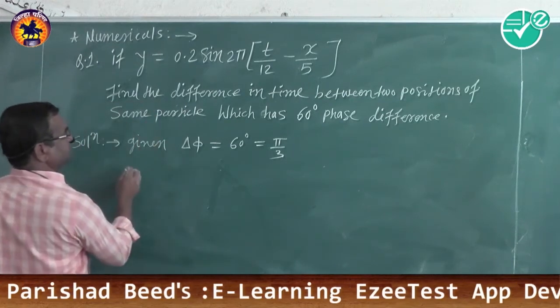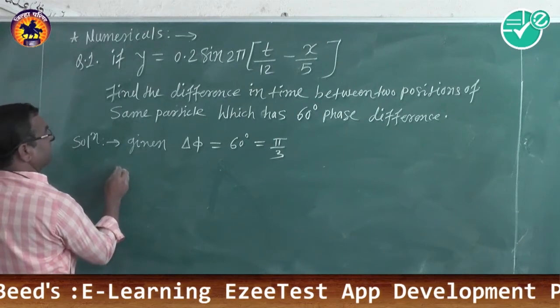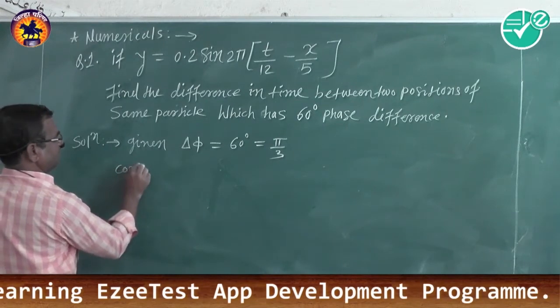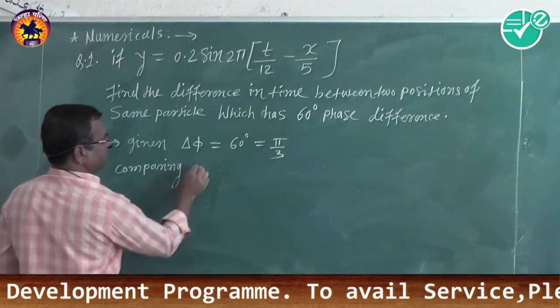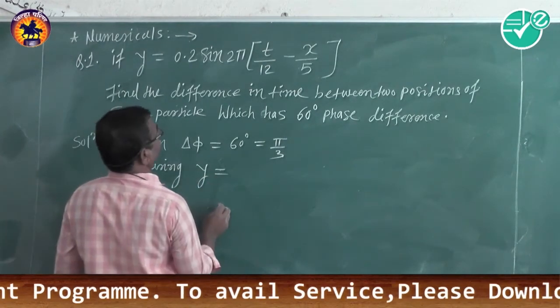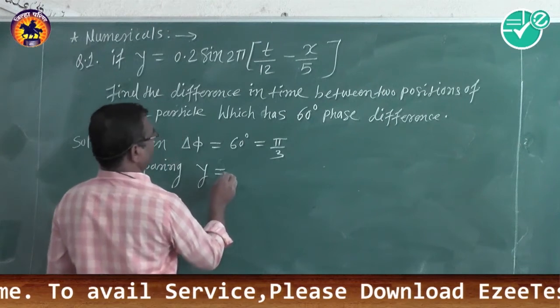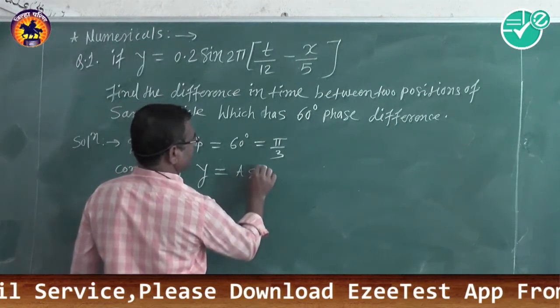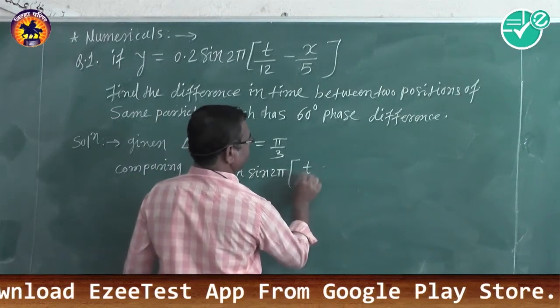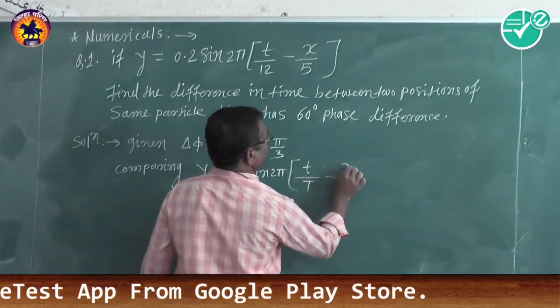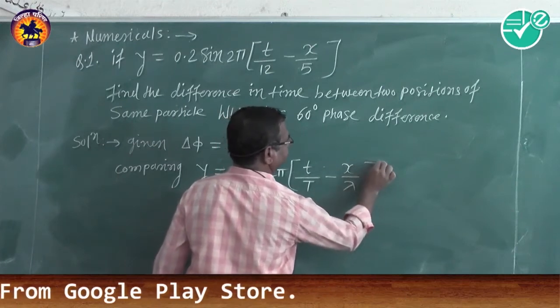We are comparing this equation, y is equal to a sine 2 pi into bracket small t upon capital T minus x upon lambda.